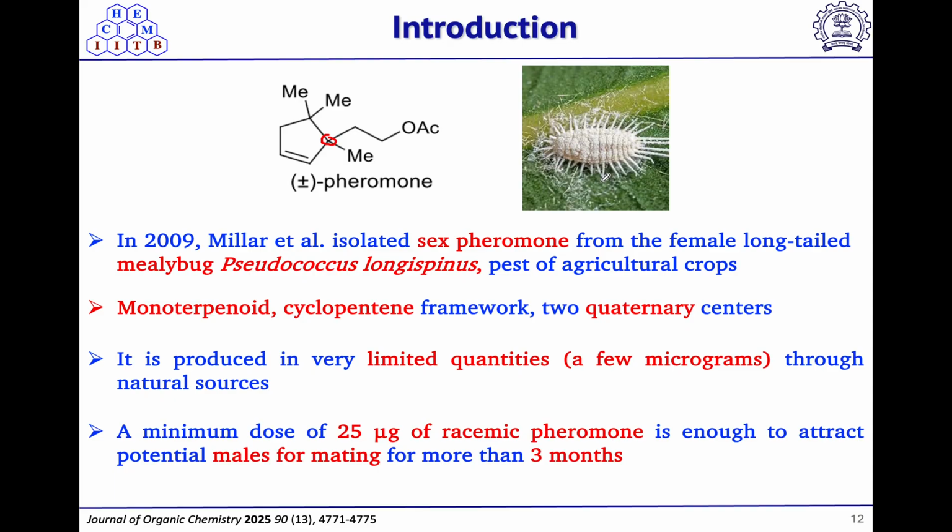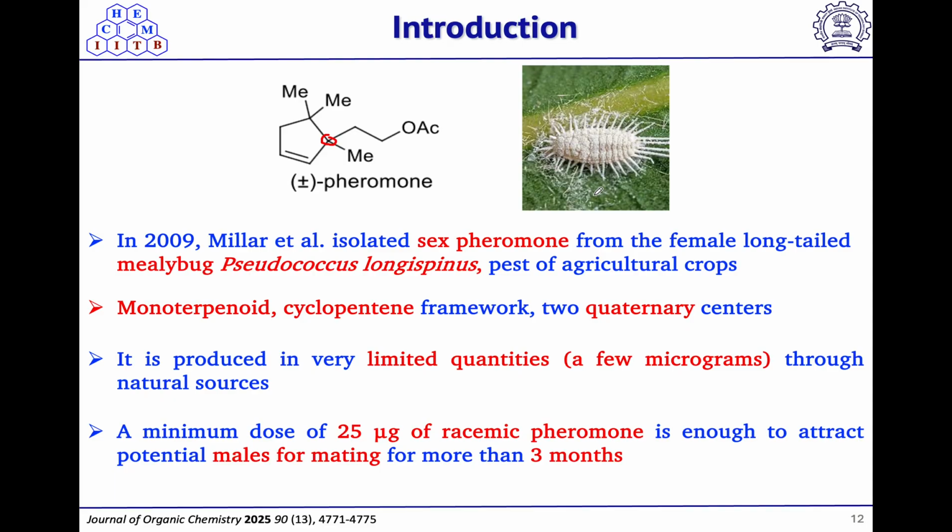It is a pest for agriculture crops. In 2009, the Miller group isolated this sex pheromone from the female long tailed mealybug, Pseudococcus longispinus. If you see, the tails are long. This is a pest for agricultural crops.